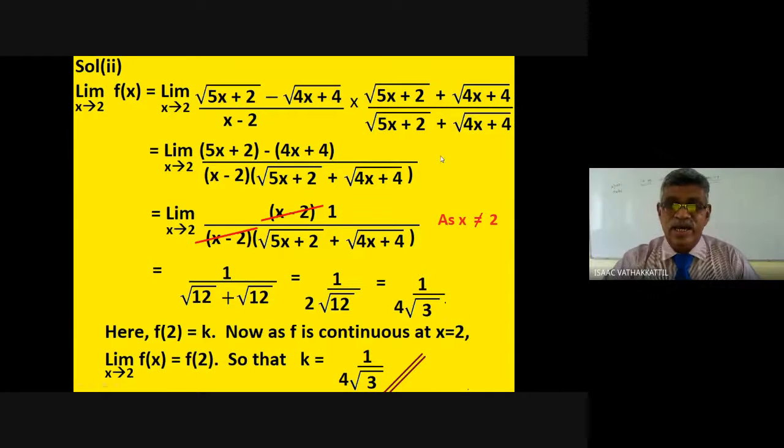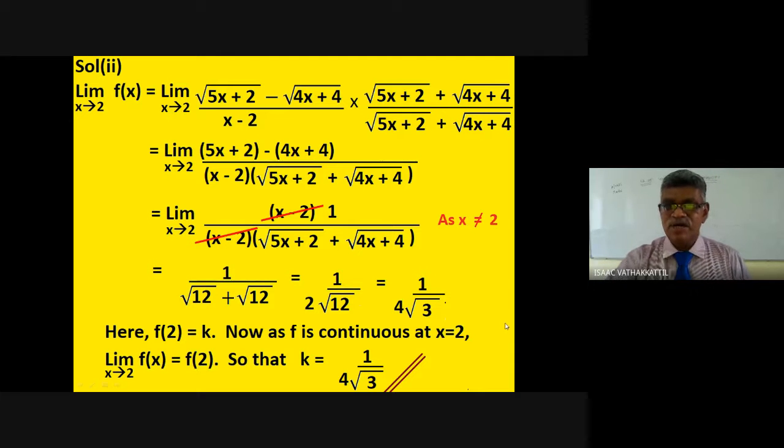A minus b into a plus b is a squared minus b squared. So if you have root a minus root b into root a plus root b, it will be a minus b.